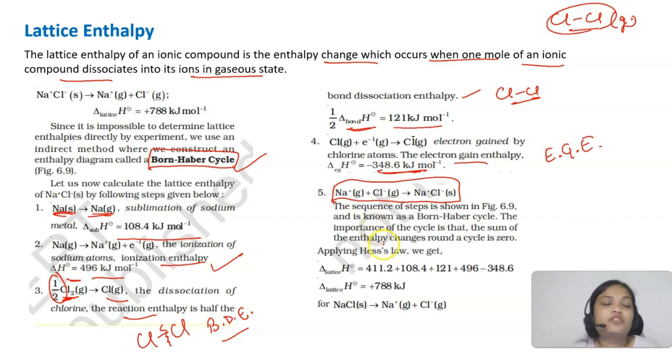Now the importance of this Born-Haber cycle is that the sum of enthalpy changes round the cycle is 0. So we will apply Hess's law. We have carried out this reaction in a series of steps, so the energies will get added up. So just add all these energies: 108.4, 496, 411, 122, 121 and minus 348.